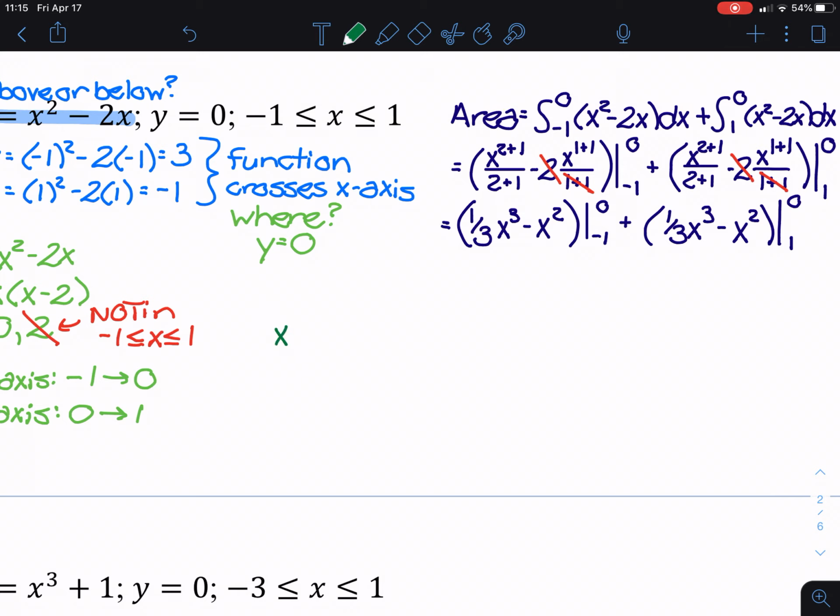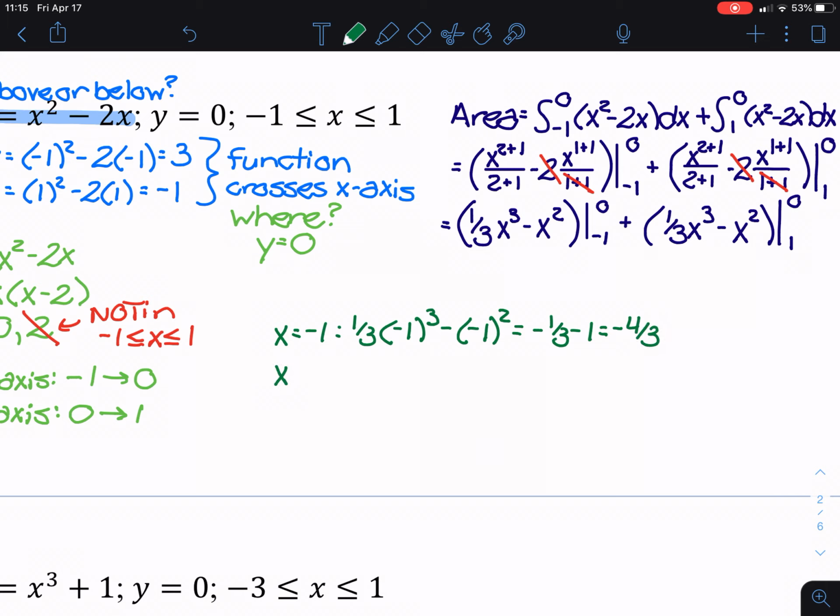So when x is equal to -1, I have 1/3 times (-1) cubed minus (-1) squared. When I do that, I get -1/3 minus 1, that equals -4/3.